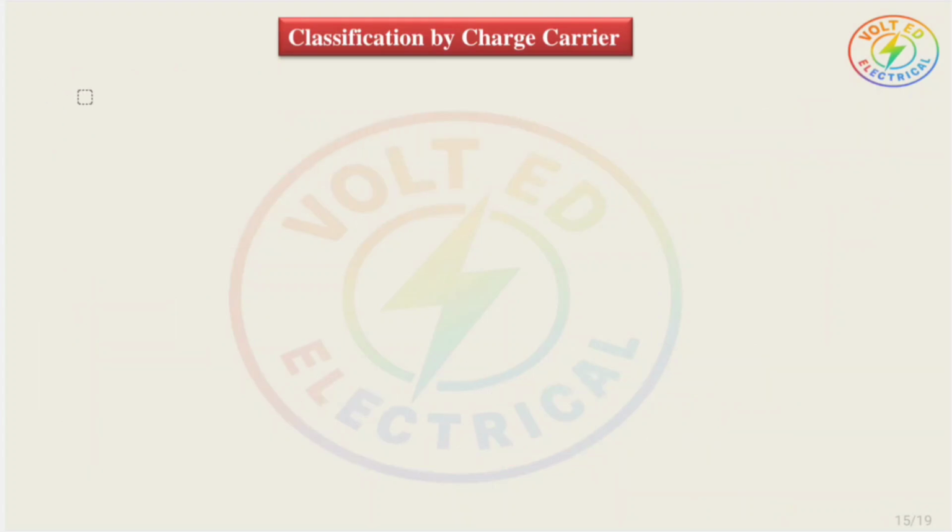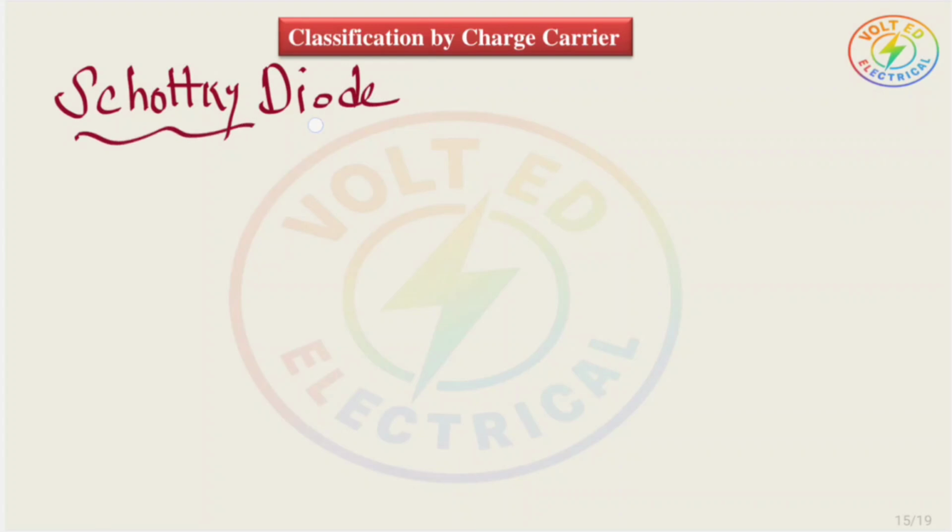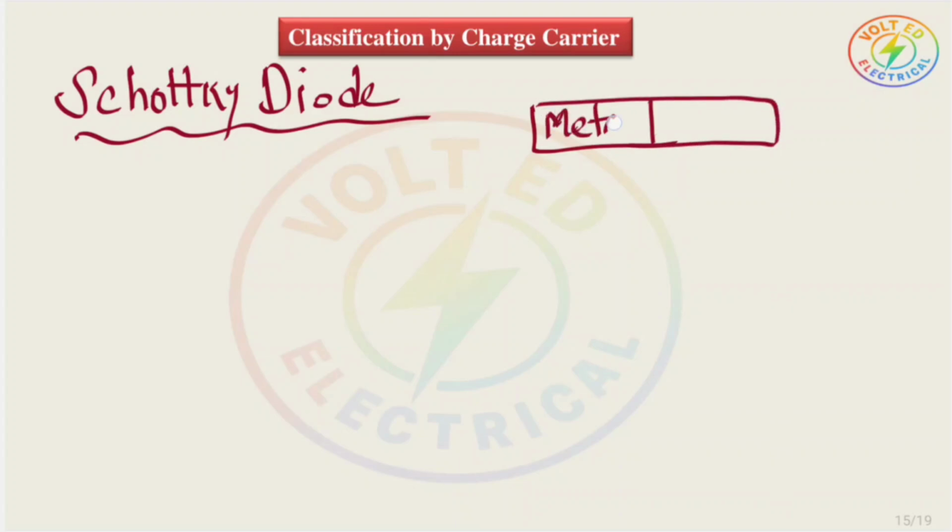The Schottky diode. If we see the construction of a Schottky diode, there is a metal semiconductor junction. In an n-type Schottky diode, electrons are mostly the carriers.